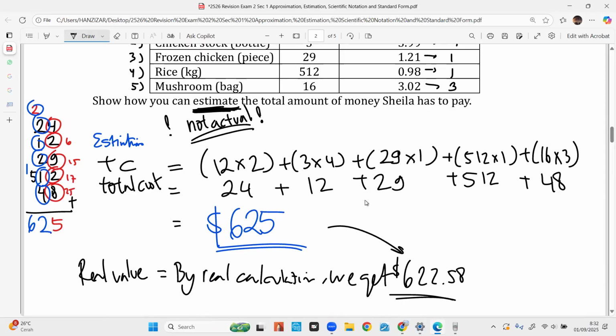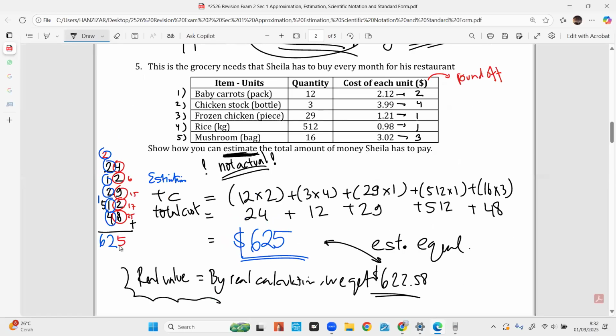Not the same, but it's estimatedly equal. That's how you understand the estimation. Okay? So this is not in the question, but I will give you the thing that makes estimating way more easy.